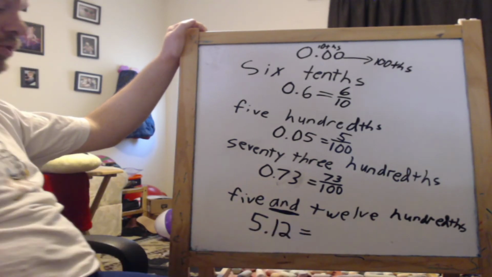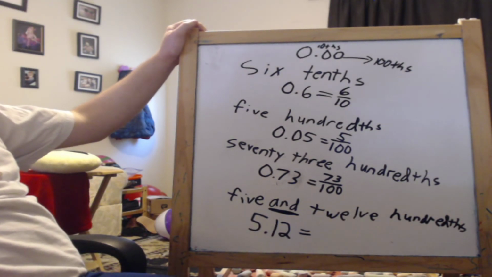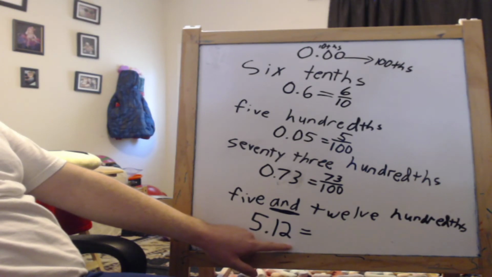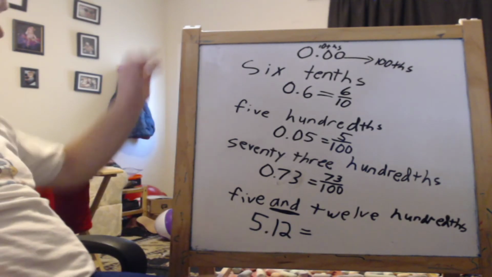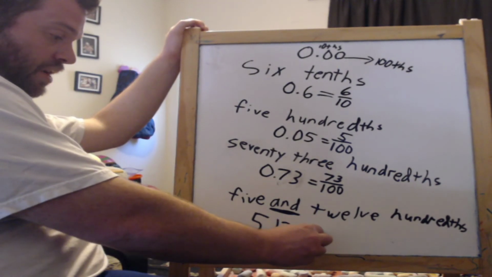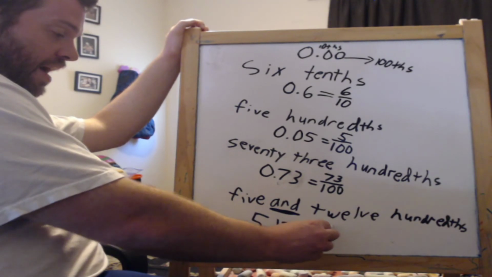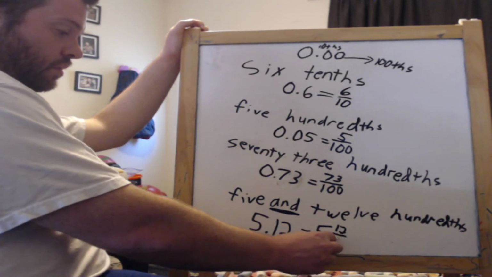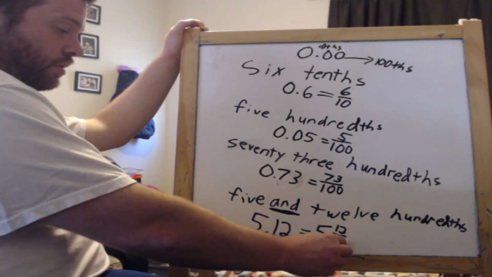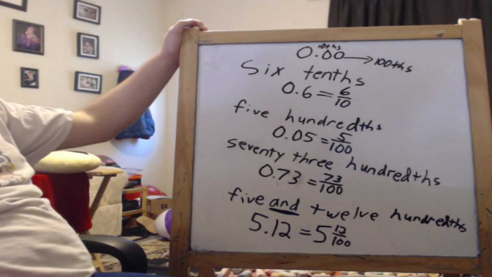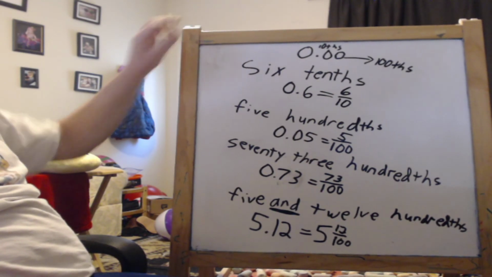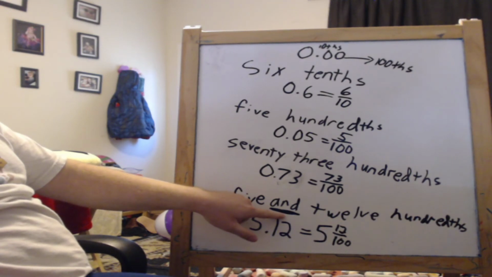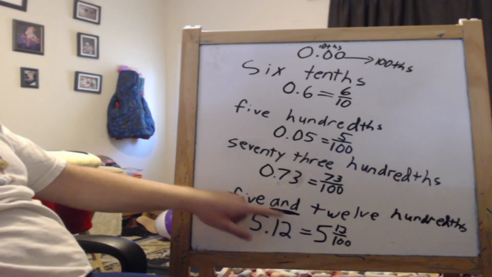In fraction form, we could just write it as a mixed number, and it would be 5 and 12 hundredths. Just know that the "and" means that it's a decimal.